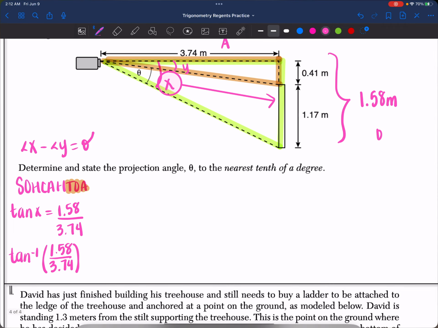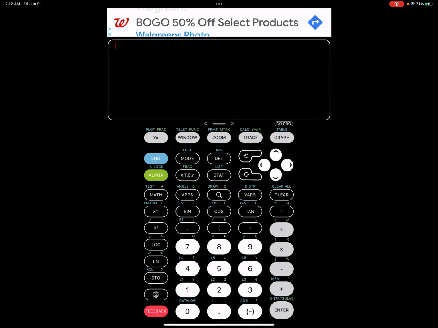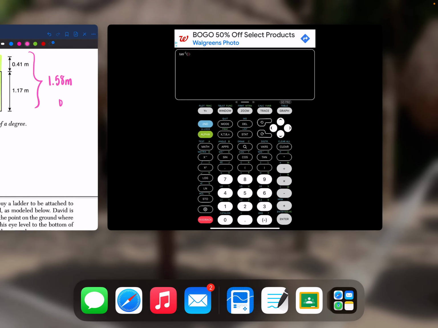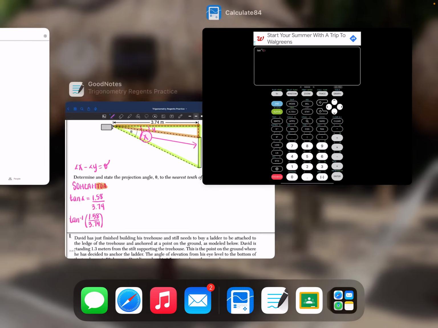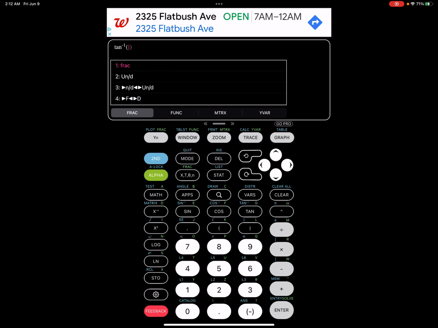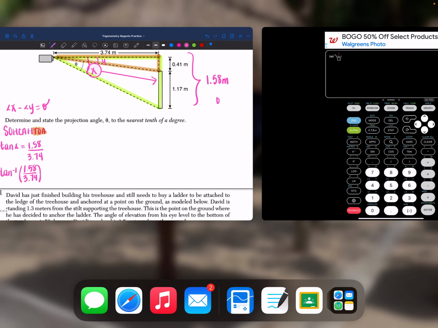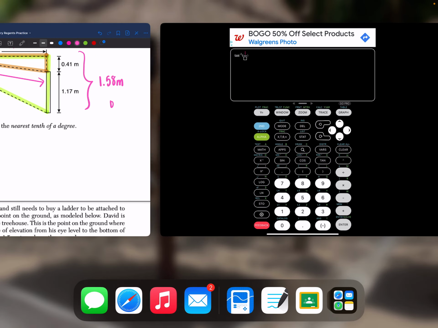Let's see in our calculator. So in order to get the tan inverse, I click on second tan, and then what was it again? I don't remember. Okay, enter. I just looked at it. 1.58.